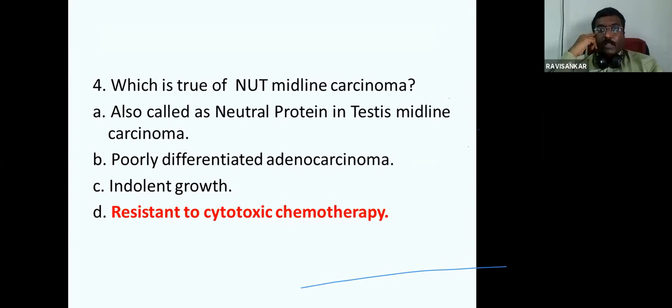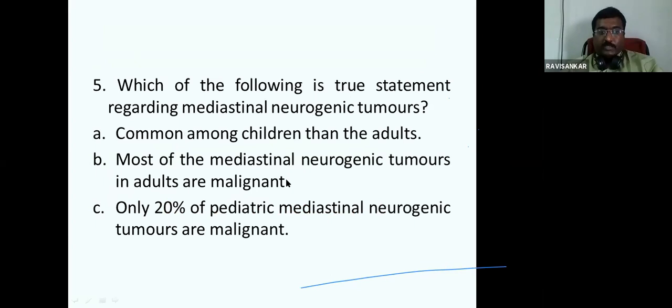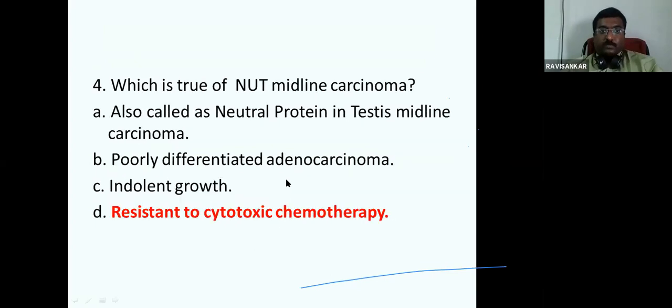So NUT midline carcinoma is resistance to cytotoxic. Sorry, there's a mistake here. So indolent growth is the answer. Sorry. It's a resistance to cytotoxic chemotherapy.